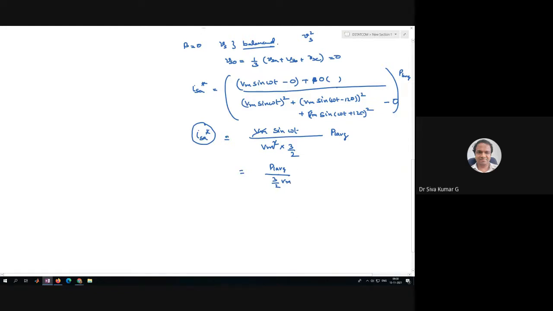And then sine omega t is there. As earlier we found the PL average, what we got is 3 by 2 times Vm.